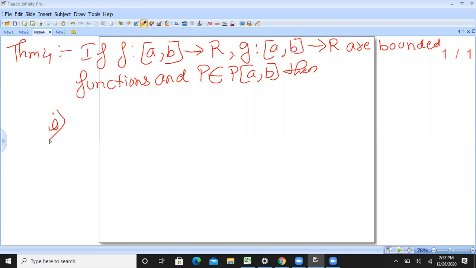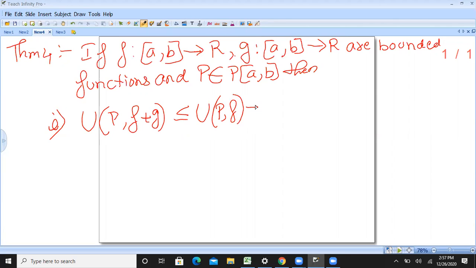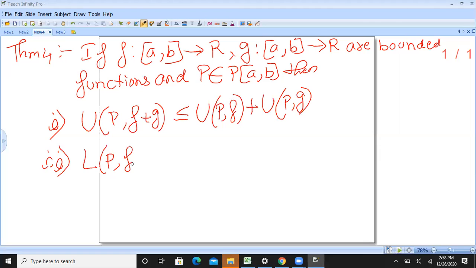First proof is U(P, f+g) is less than or equal to U(P, f) + U(P, g). Next, L(P, f+g) is greater than or equal to L(P, f) + L(P, g).